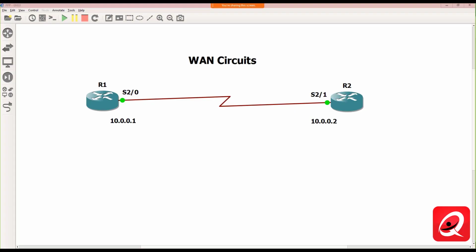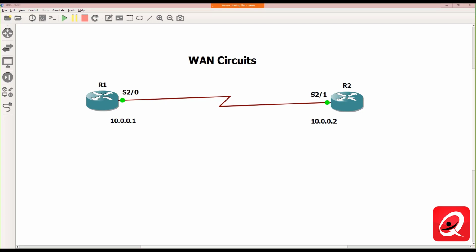That's what we're going to focus on in this last switching lesson: what is a WAN circuit, specifically HDLC and PPP. We're going to take a look at basic HDLC configurations over a serial interface. But HDLC as a protocol doesn't offer a whole lot of the other functions that, for example, PPP offers.